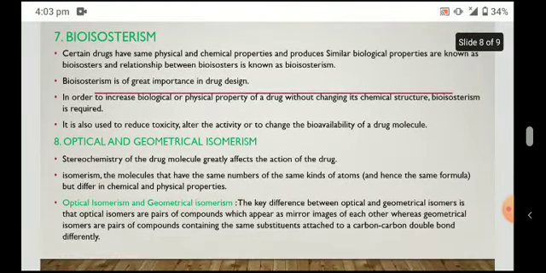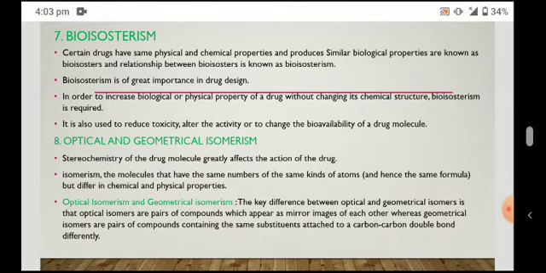The seventh parameter is bioisosterism. Certain drugs have the same physical and chemical properties and produce similar biological properties; they are known as bioisosteres, and the relationship between bioisosteres is known as bioisosterism. Bioisosterism is of great importance in drug design.